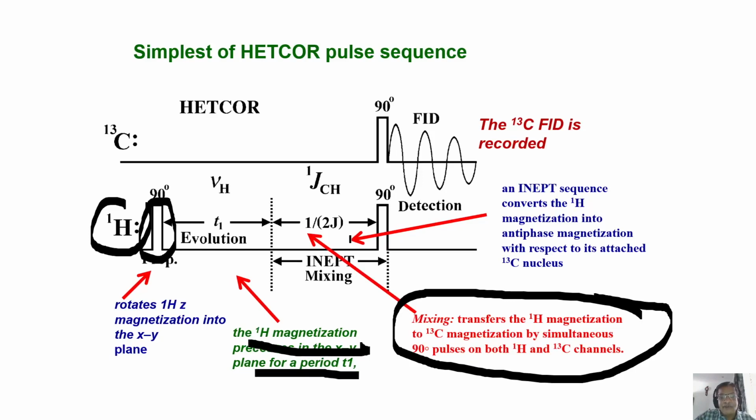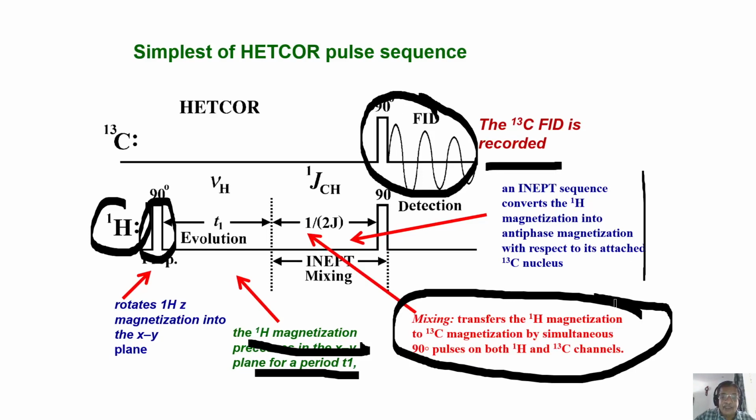Polarization transfer takes place. Now you are applying the 90-degree pulse for detection, and at the same time you are applying a 90-degree pulse for carbon, and you start seeing the carbon with proton decoupling. Okay, this is a direct detection of carbon. Remember, unlike the HSQC inverse experiment where abundant spin is detected, this is a direct detection of low abundant spin.